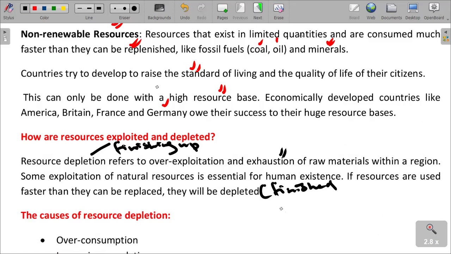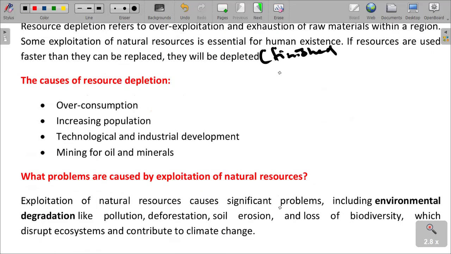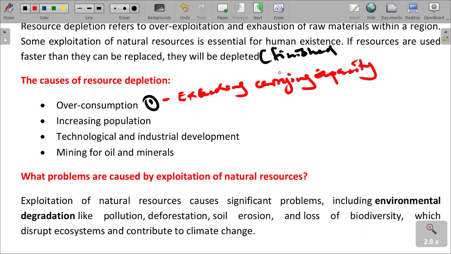So the causes of resource depletion, what might cause resources to be finished? We talk about, one, overconsumption. Overconsumption can result in resource depletion, which is when resources are overused. An example is exceeding the carrying capacity within a given place or habitat, the carrying capacity of a given resource.